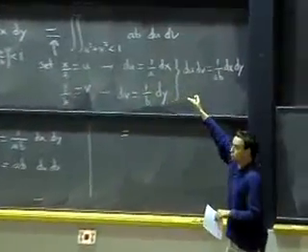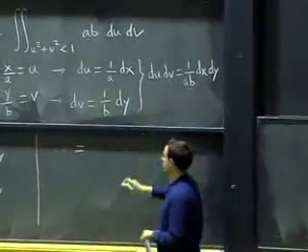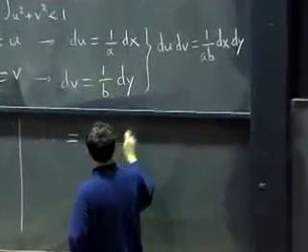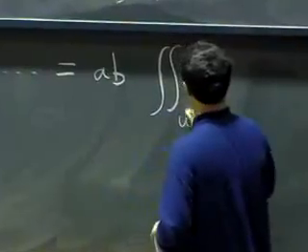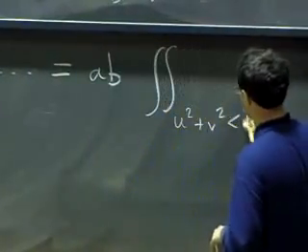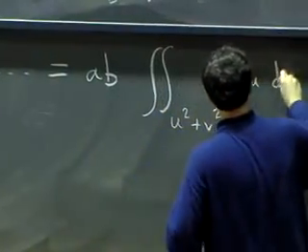Now my double integral becomes the double integral of a constant in terms of u and v, so I can take the constant out. I will get ab times the double integral over u^2 + v^2 less than 1 of du dv.